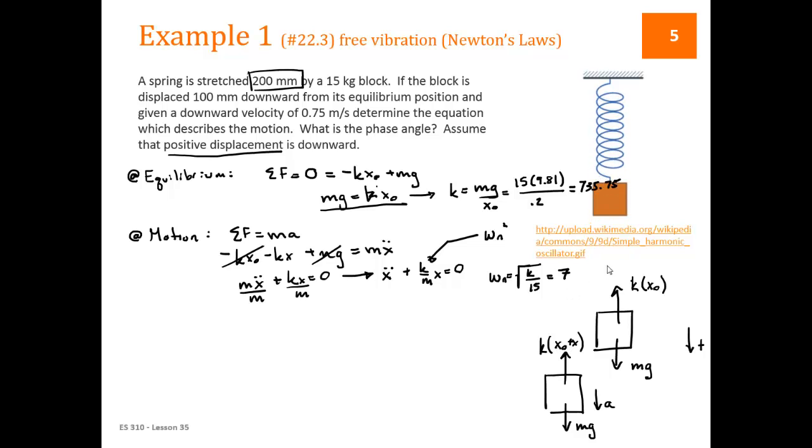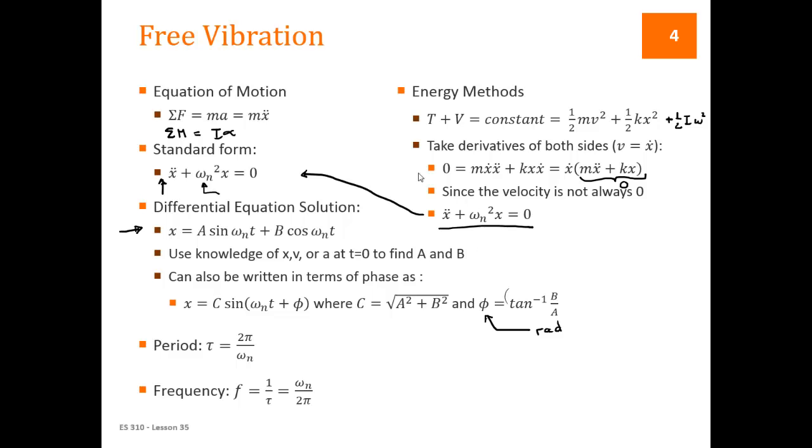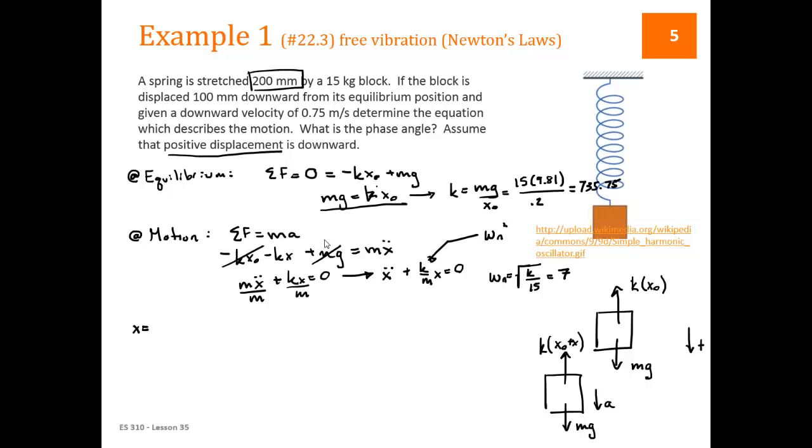Okay, so now we have things in standard form. If we look back at the previous slide, we can now write the expression for the motion, x as a function of time. So x is equal to a sine omega n t plus b cosine omega n t.